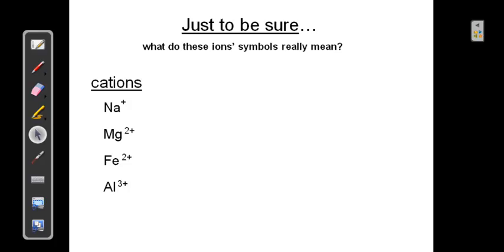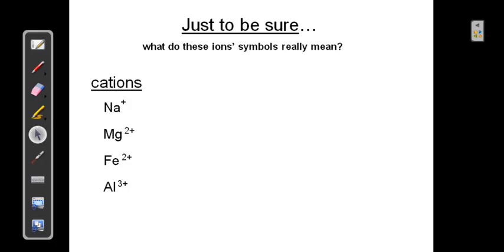You will notice that it is written Na+, or what we normally call sodium 1 positive, or magnesium 2 positive, or iron 2 plus, or aluminium 3 plus. What do all these Na+, Mg2+, Fe2+, Al3+ symbolize?